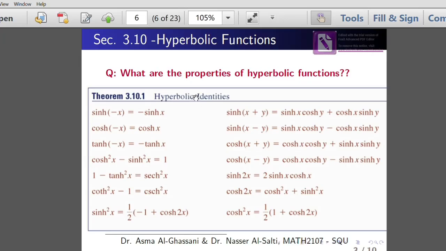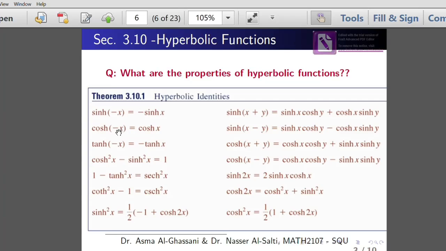For the hyperbolic identities, hyperbolic sine of minus x is minus hyperbolic sine of x. So the hyperbolic sine is an odd function, like the sine, because sine of minus x is minus sine x. Also, hyperbolic cosine of minus x is equal to hyperbolic cosine x, so we conclude that the hyperbolic cosine is an even function.